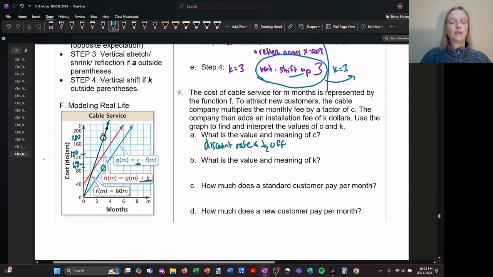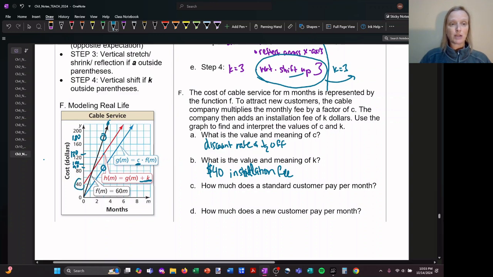So between the 90 and the 130, that's an extra $40 that's unaccounted for. And that extra $40 is that initial installation fee. So that installation fee is $40.